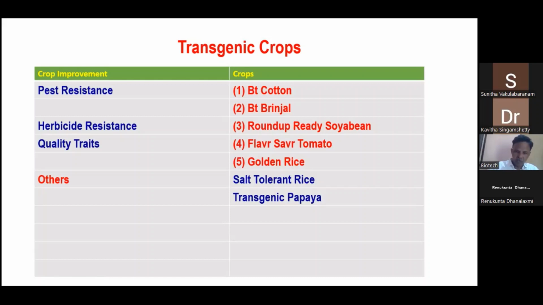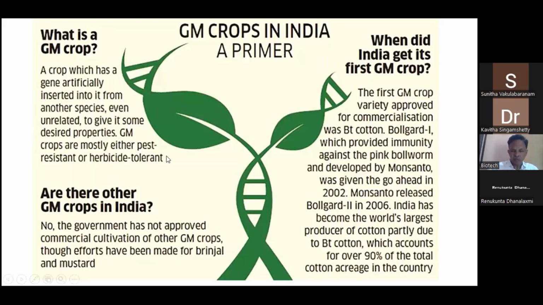So first we'll start with BT cotton, right? One very important thing you should understand is that in India only BT cotton is permitted for cultivation. No other crop is released for cultivation, either herbicide or viral resistance or Flavr Savr tomato or golden rice. They have not been permitted to be grown in our country.